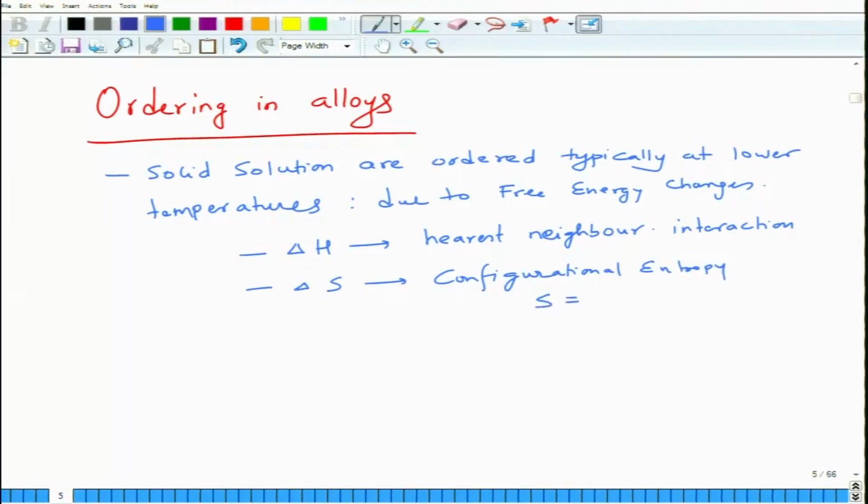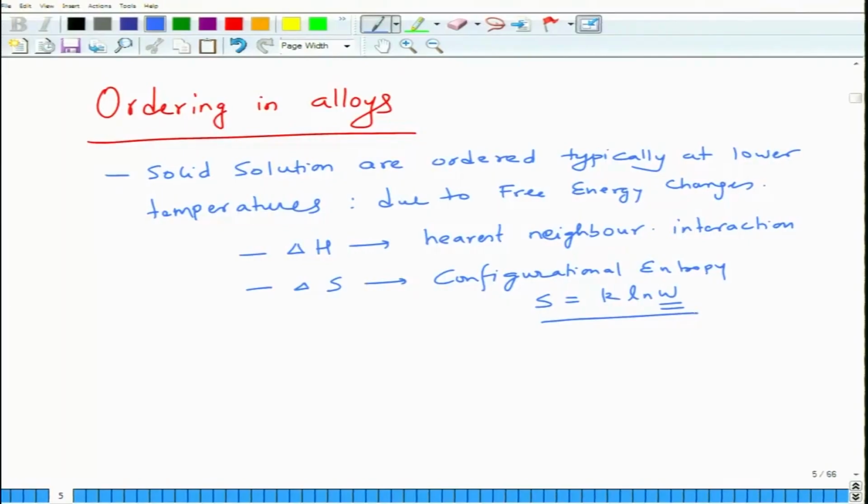S, you know, is given as k ln W, where W is the number of ways in which you can arrange the atoms. When you mix A and B, you can arrange A and B in a number of different ways. So you calculate various permutation combinations, then you calculate the configurational entropy.